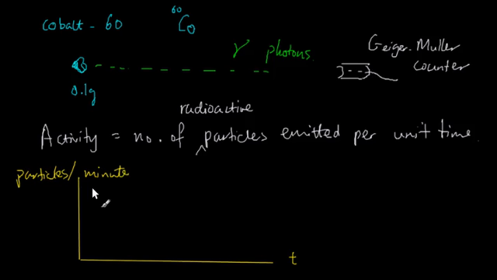And suppose that we plot the graph of this as time passes. Now what you would find if you do that is that as time passes, the number of particles emitted per minute would decrease. It would actually decrease.